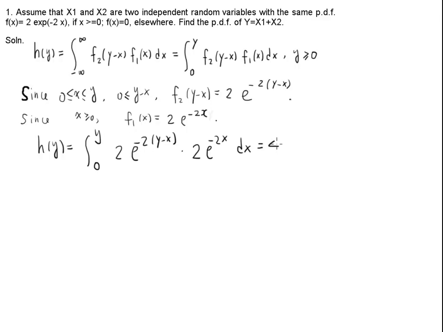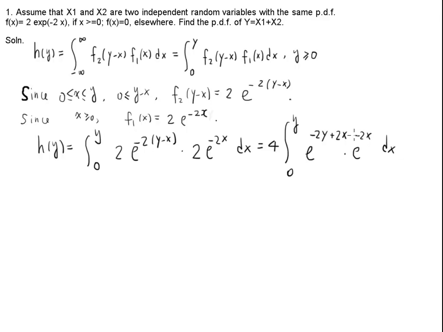This is what we have. 4 is a constant, so it can be pulled out. We have 0 over here and y over here. And then we have the exponential function, negative 2y, and then we distribute 2 over here, we get plus x. And then because these two are multiplied together, we have over here again e to the negative 2x dx.